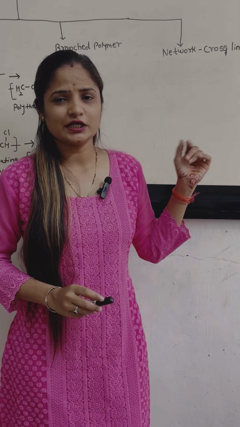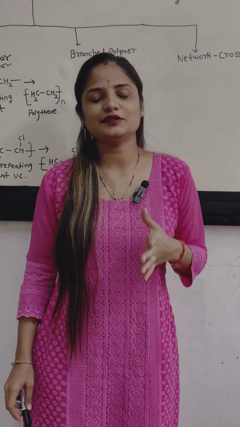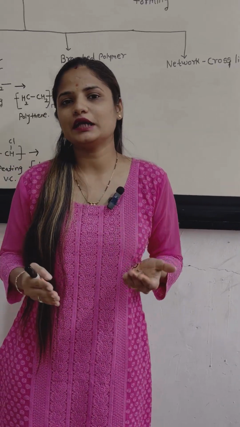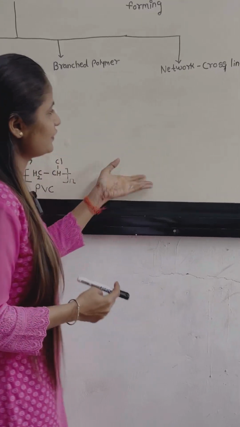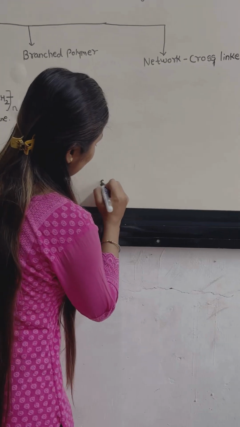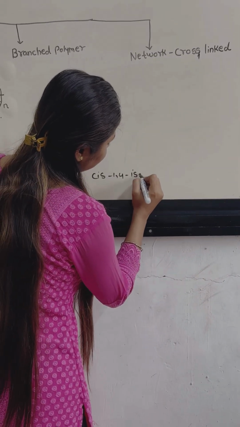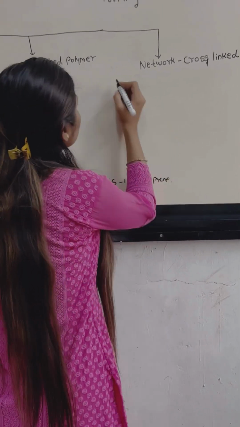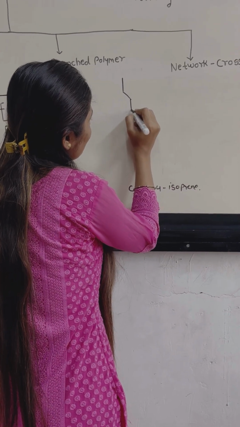So here we study the example of vulcanized rubber. We take the cis-1,4 isoprene molecule, treat it with sulfur, and we get the final vulcanized rubber. So first we write the structure of cis-1,4 isoprene. First we have to draw one by one.